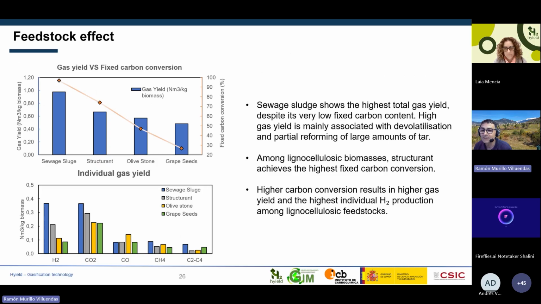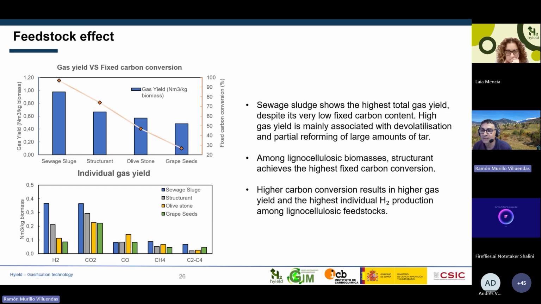Now focusing on gas yield and fixed carbon conversion, a different perspective of the feedstock effect can be observed. Sewage sludge clearly shows the highest total gas yield among all feedstocks. However, this high gas yield is not related to fixed carbon conversion, since sewage sludge contains a very low amount of fixed carbon.